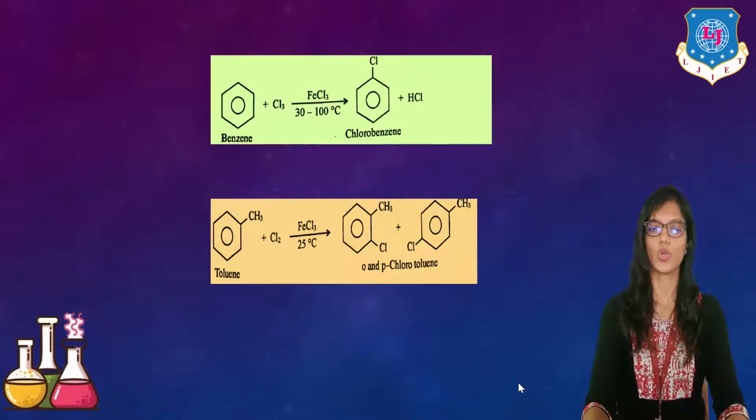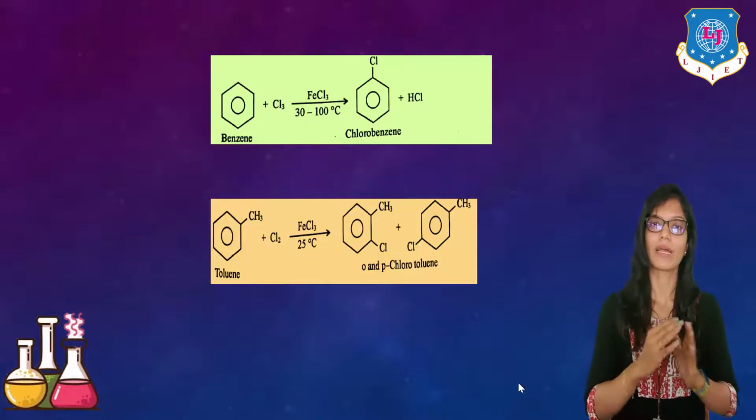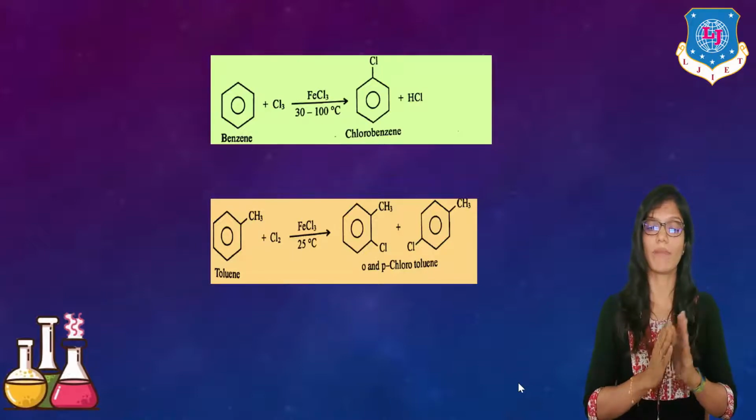Next is toluene. Here toluene will be reacted with Cl2 in the presence of FeCl3. The temperature is 25 degrees Celsius. Basically one H from the benzene ring will be replaced or substituted by Cl.